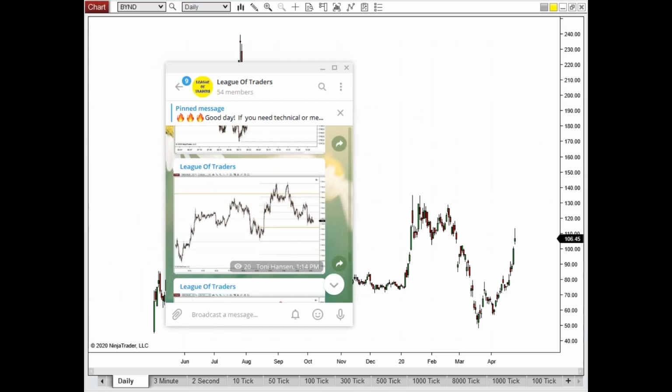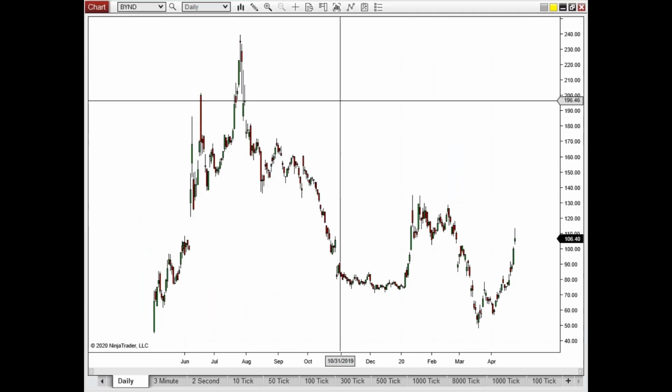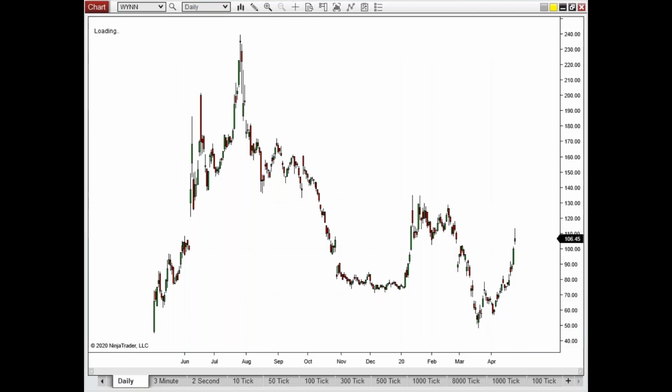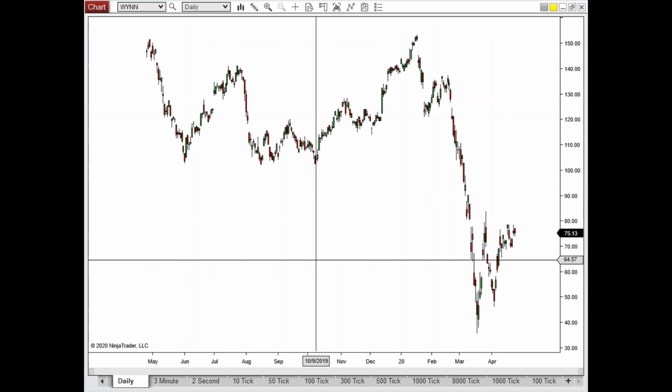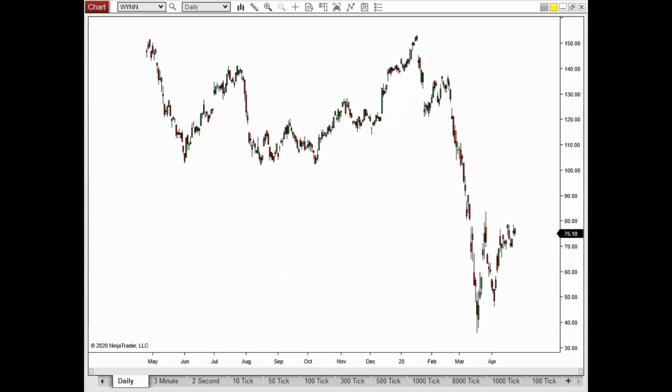WYNN. This is going to be one that, again, we aren't going to have much of a really strong bias until we see how things open up. So right now, you can see a lot of people are concerned about this.